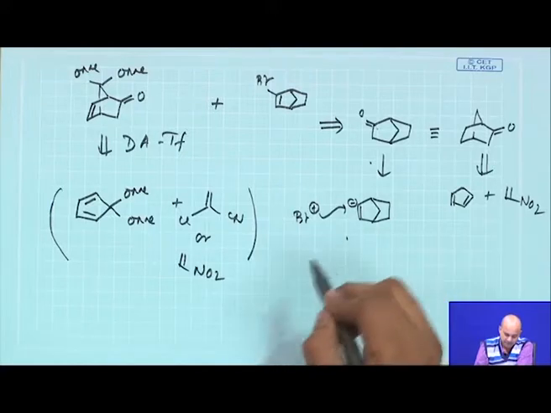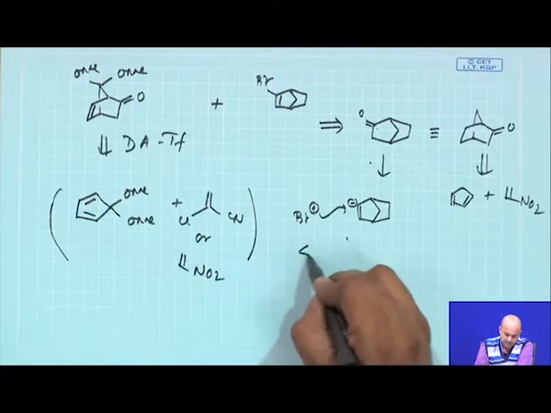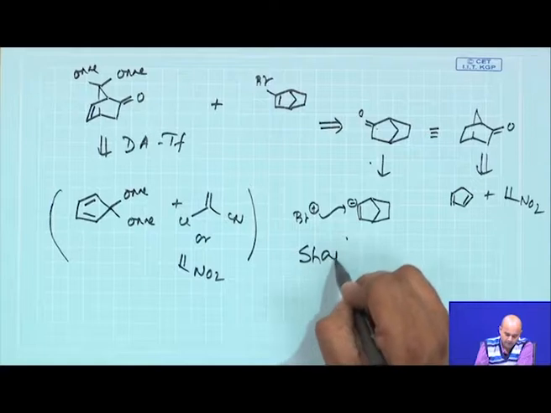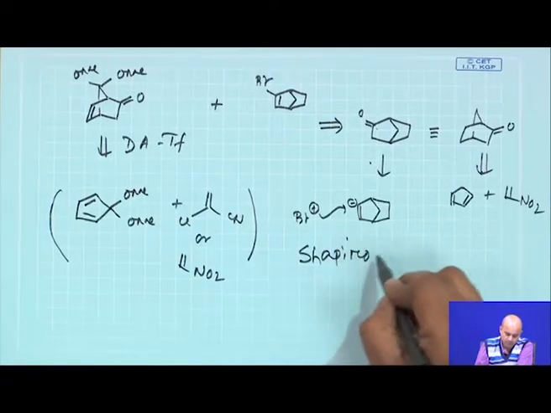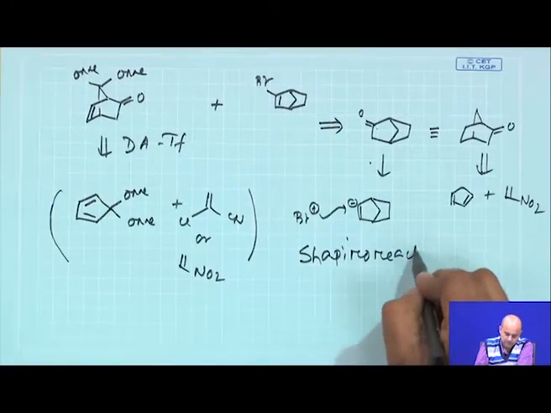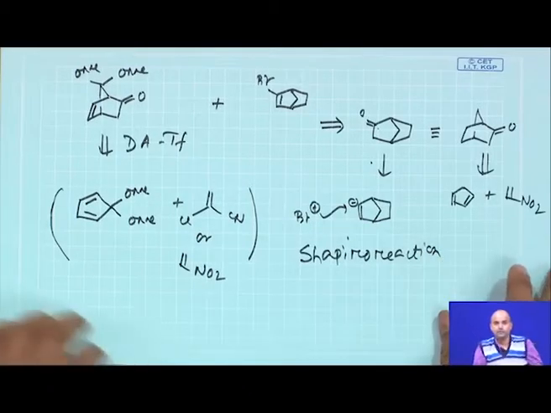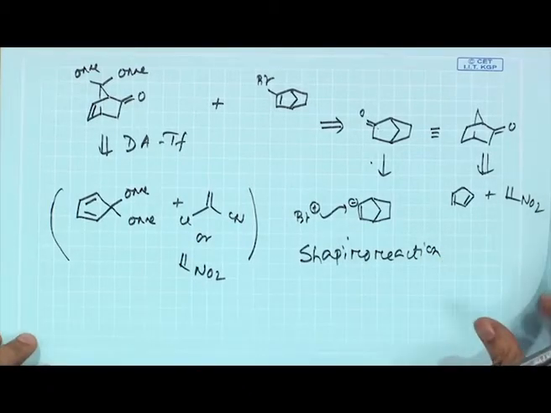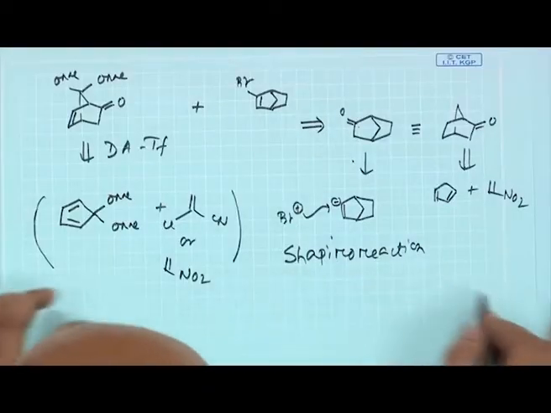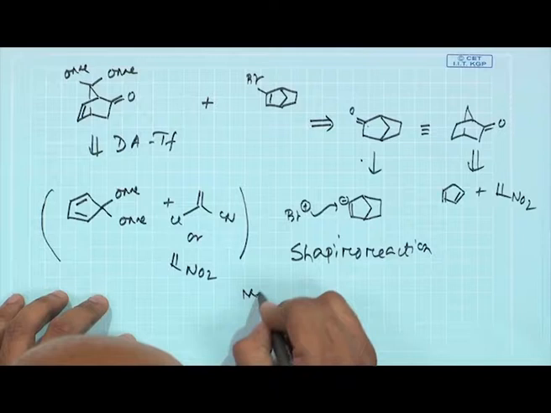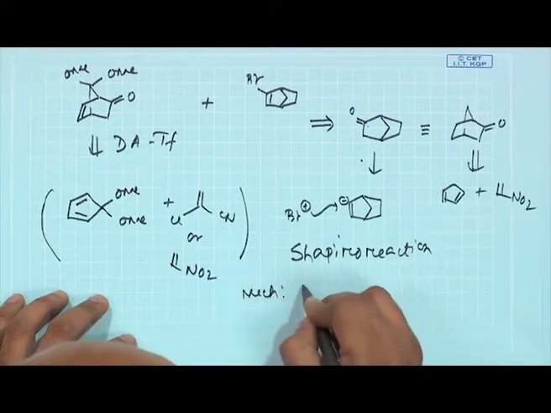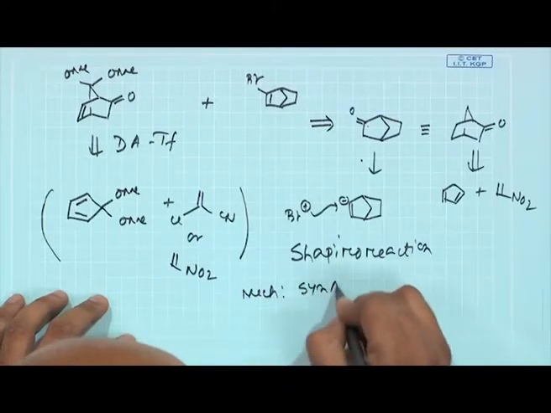Now, actually this reaction in principle can be done by a reaction named the Shapiro reaction. We have not discussed it, but probably the Shapiro reaction is a very useful reaction. Again, if you are looking for the mechanism, go to scenarchive.com.